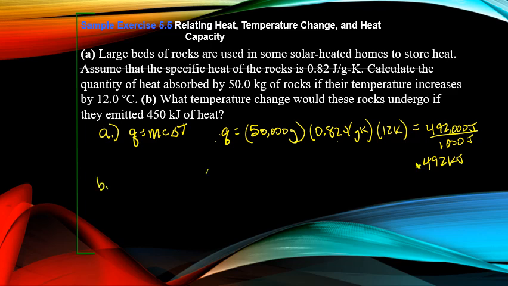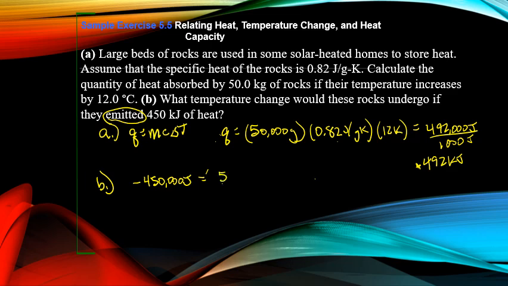As part B, it asks what temperature change would these rocks undergo if they emitted 450 kilojoules of heat. So now because they are emitting, that would mean that I would have a negative value for Q. So I'm going to take that and place that as negative 450,000 joules.